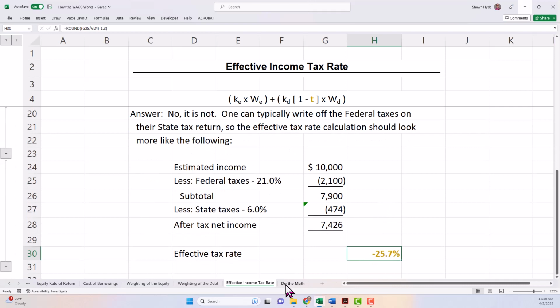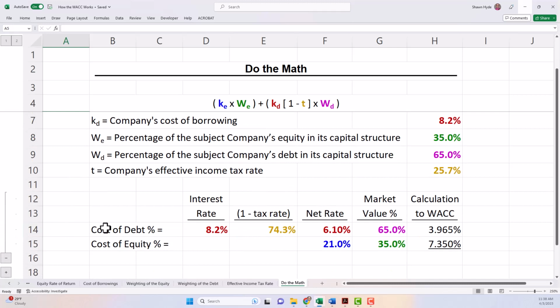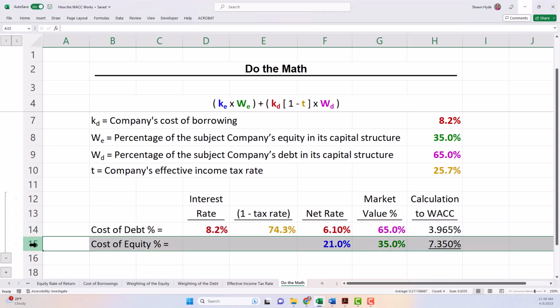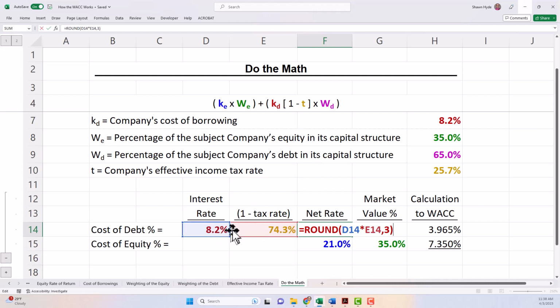So we have all the variables figured out now. Let's do the math. Here's all the colors in place. Here's all the information. So let's open this one up here. We'll run the math through. There's going to be the cost of debt portion of the weighted average cost of capital and the cost of equity portion. Looking at this one, start with the interest rate, do the tax shield. So 1 minus the tax rate, interest rate times the modified tax-shielded math gives us the net rate of 6.1%.